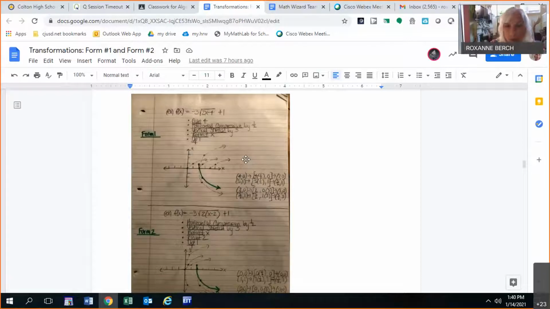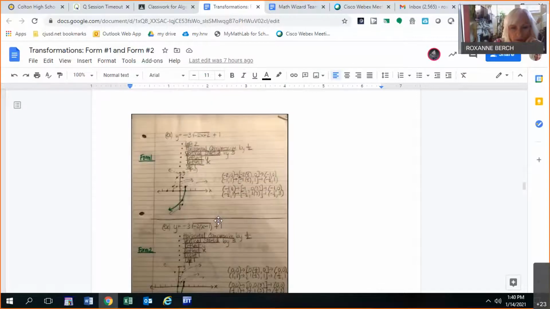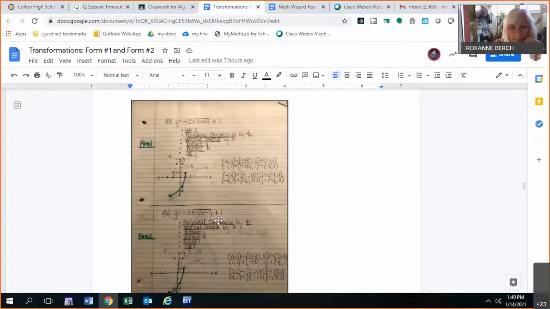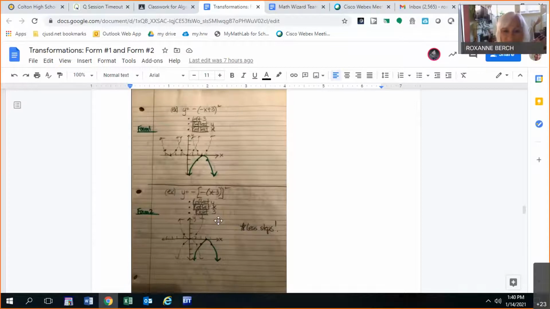Not much of a difference in the work, but once again, I did a GCF and wrote it in form 2. So this is form 1. I wrote it in form 2. Here's another one. Kind of the same. Okay, there's the quadratic.